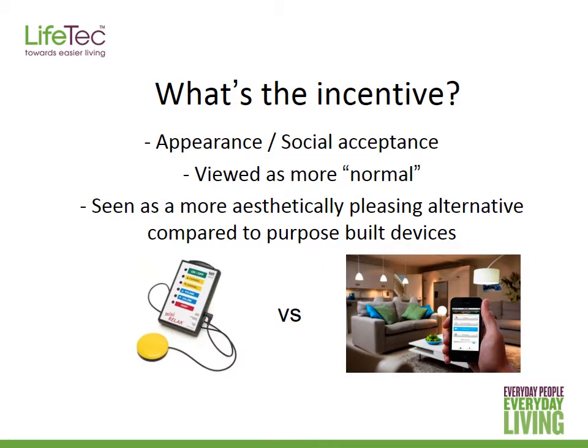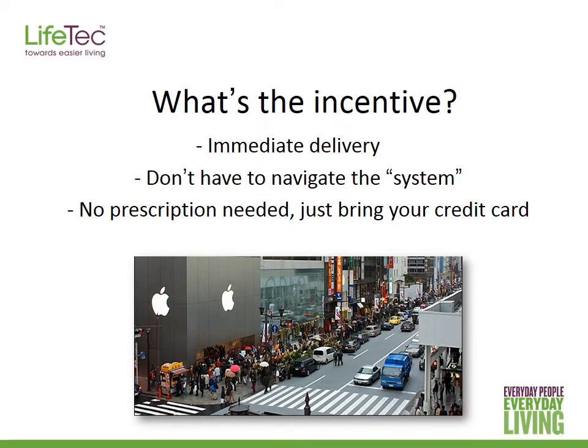It's seen as a cool option as well, as most people have a smartphone or tablet. You don't have to go through any process usually to apply for funding, so it's a lot quicker. You can just go and purchase the device.